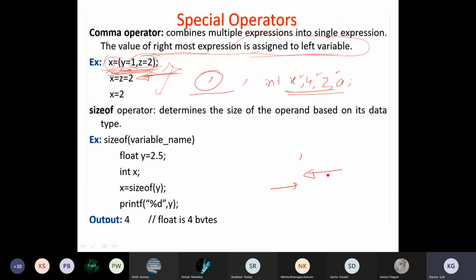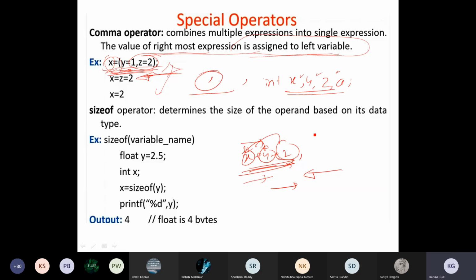Because whenever you solve an expression, you start from the left side. If I write x plus y plus z, first you take x, then add this to this, then add the result to this. So scanning starts from left to right.